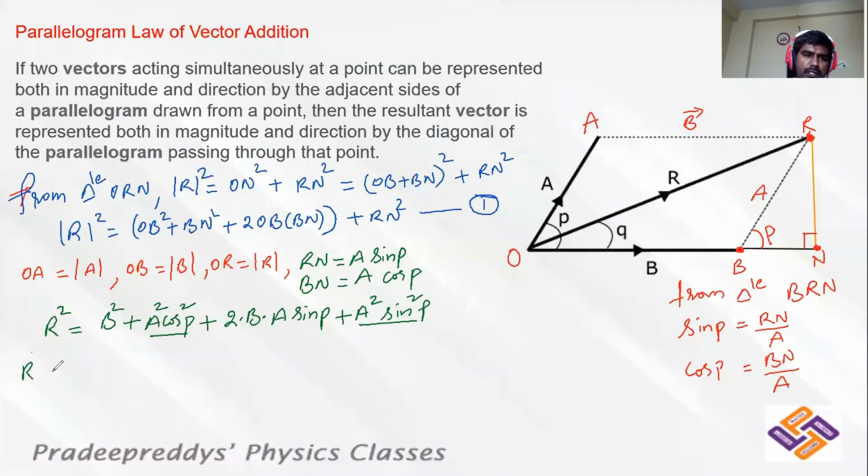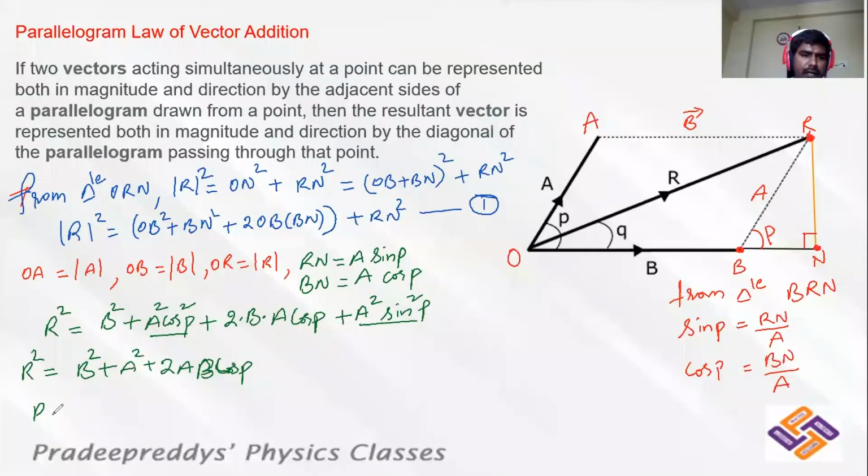So R square is equal to B square plus A square plus 2AB into cos P. Something I have made a mistake here, it should be BN, right? BN is cos P. I'm sorry, this is cos P. Okay, this is R square.